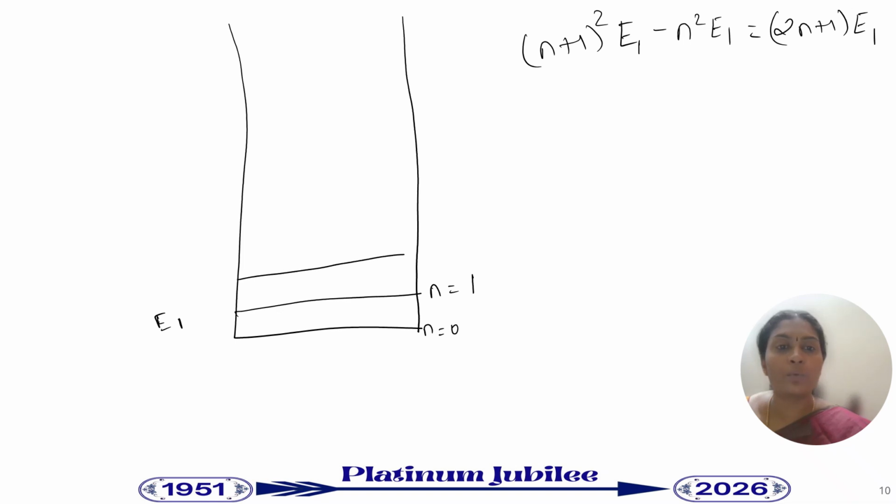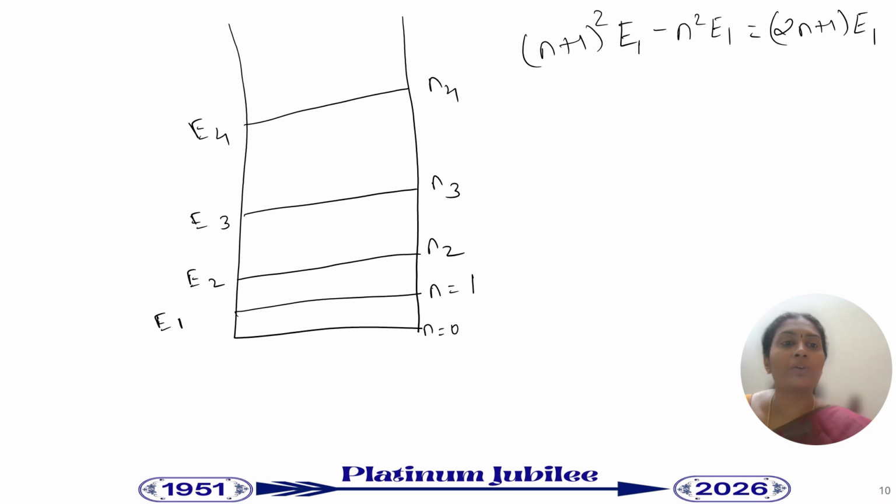For n is equal to 2, this is my E2. Then for n is equal to 3, this is the third level of my particle, and here is the fourth state. Here you can see that the energies have discrete values, and the energy gap between consecutive energy levels keeps increasing as the n value increases.